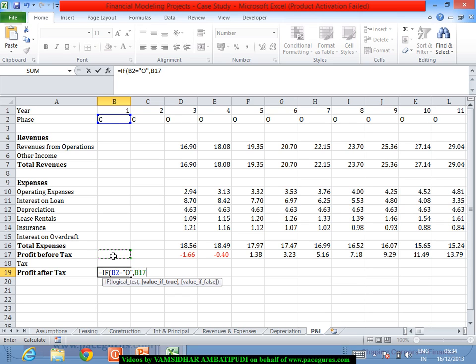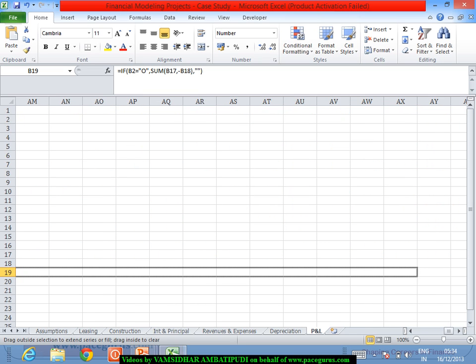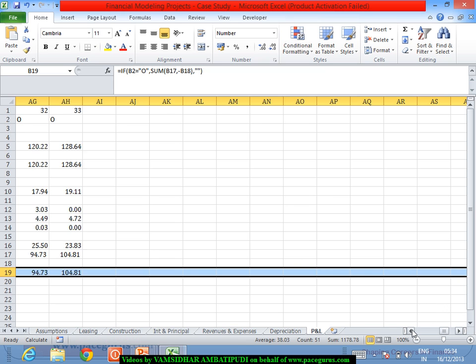I can take the profit before tax and the negative of tax, summed together, to create the profit after tax. If it is not the operations period, I will leave it as blank. So up to here, my base skeleton P&L is ready, right?